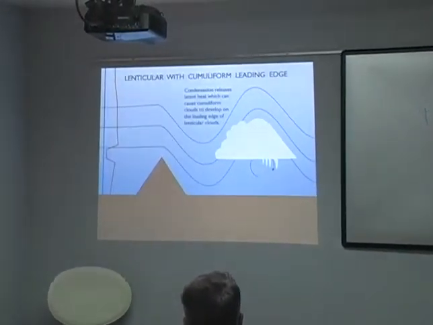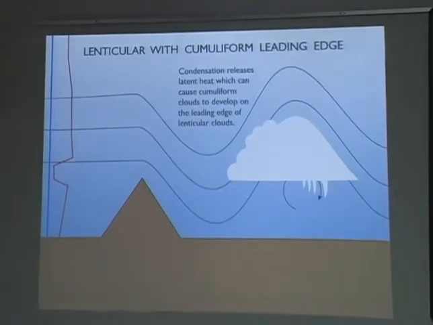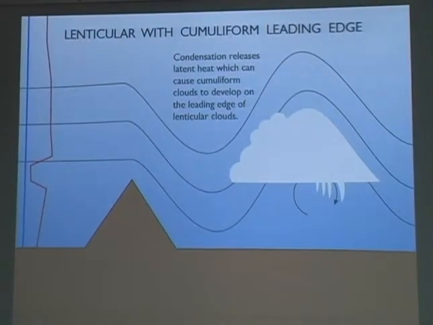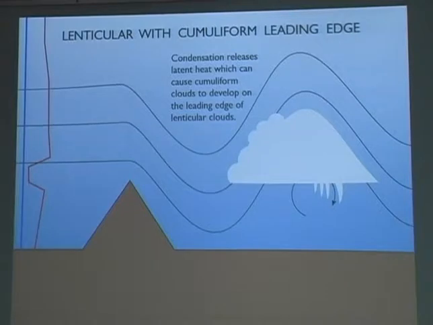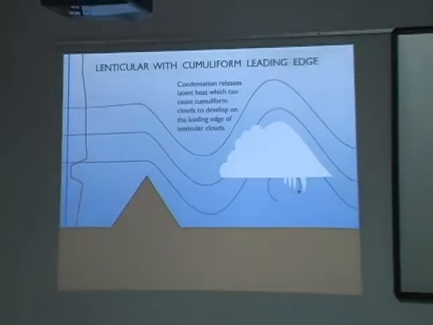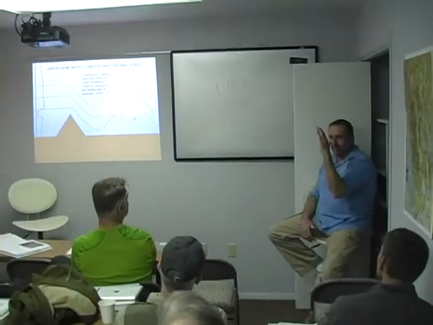Will that change the structure of the lift much? It can. Last week we were having these kind of conditions, and because of the extra lift from the cumuliform, the faces of the clouds were like this. Instead of being in a shallow landing like this, they were almost straight up.